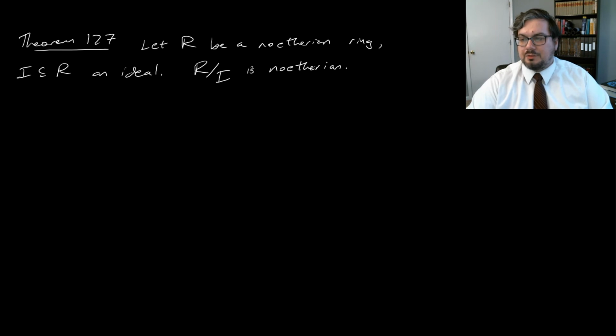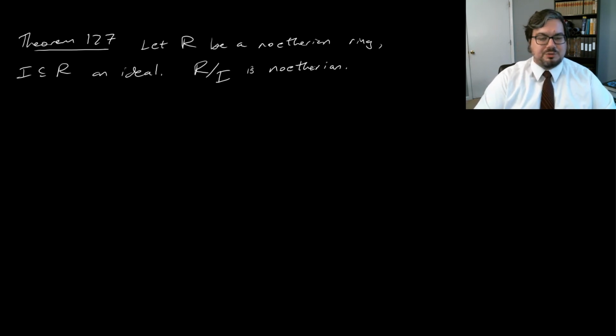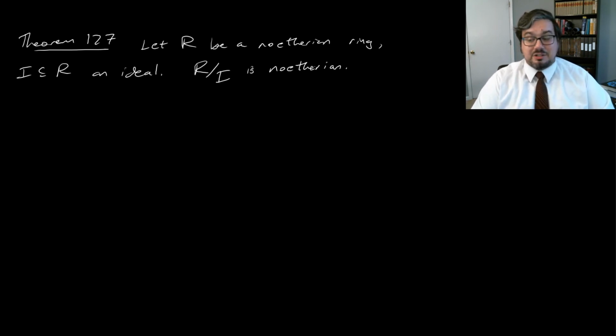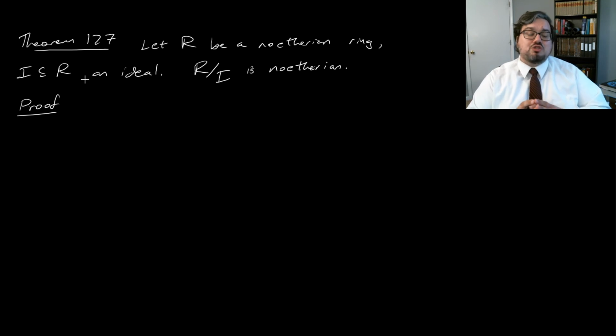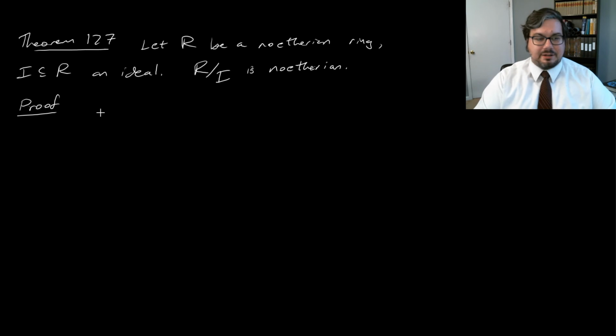All right, so for this one, we will use the finite generation of ideals to prove this. This will also show the concept of pulling back an ideal along a ring homomorphism, which we've talked about some before, but we'll see another application of here.